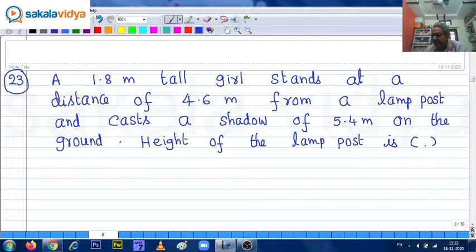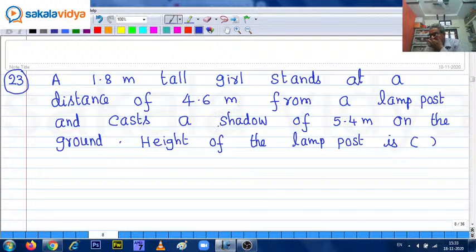First read the question carefully, all of you. A 1.8 meter tall girl stands at a distance of 4.6 meters from the lamp post and casts a shadow of 5.4 meters on the ground.